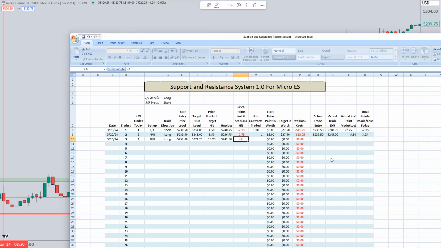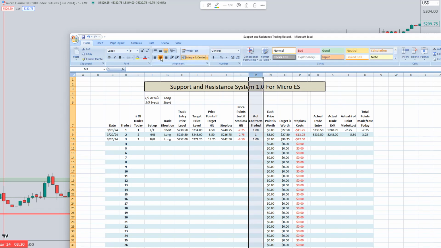So minus 9.5. Number of contracts traded: 1. So we traded 1 contract. If we had won, we would have won $96.25. But we're being stopped out at a loss of $47.50, so by far the biggest one of the day.